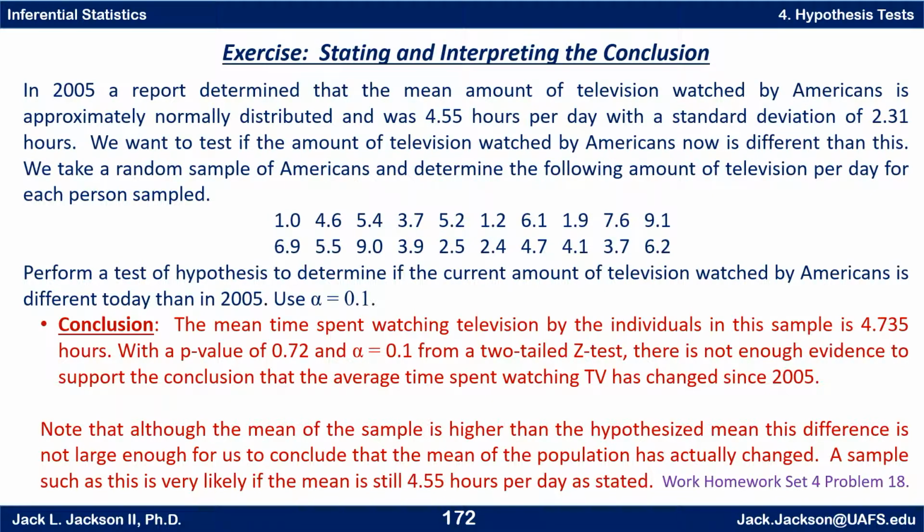The mean time spent watching television by the individuals in this sample is 44.735 hours. With a p-value of 0.72 and alpha equals 0.1 from a two-tailed z-test, there is not enough evidence to support the conclusion that the average time spent watching TV has changed since 2005.